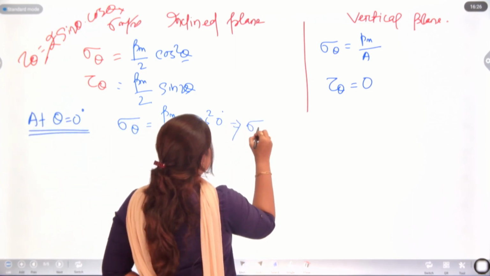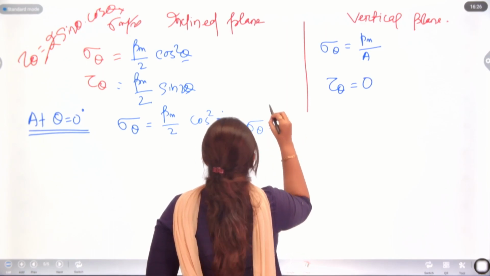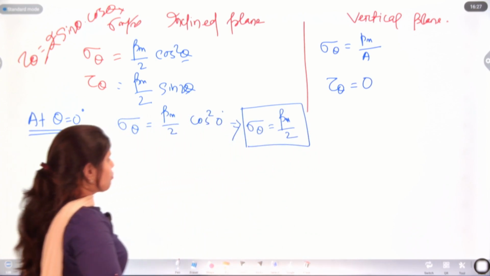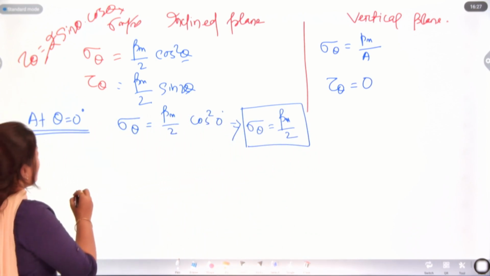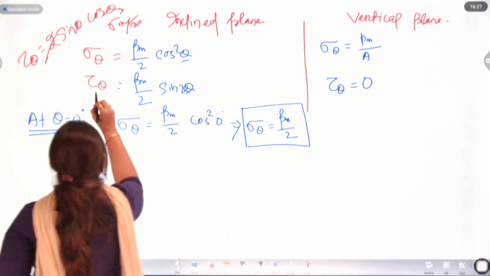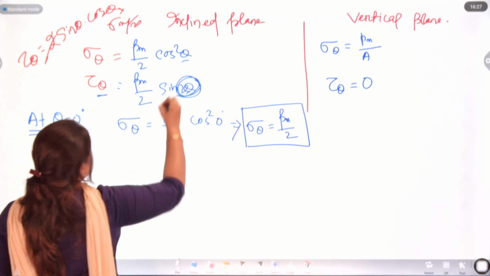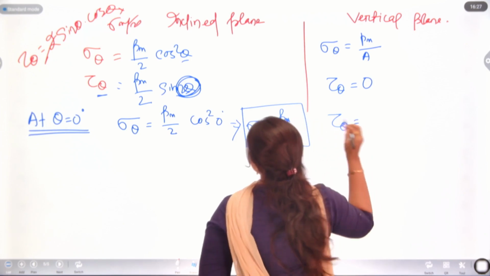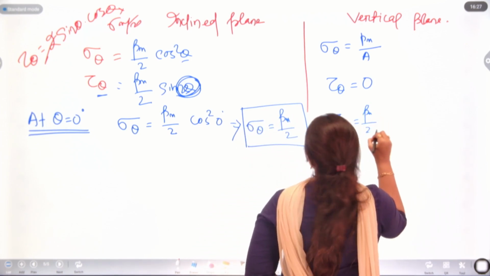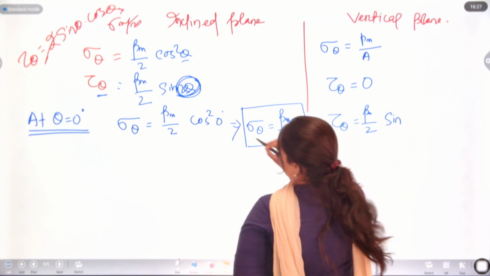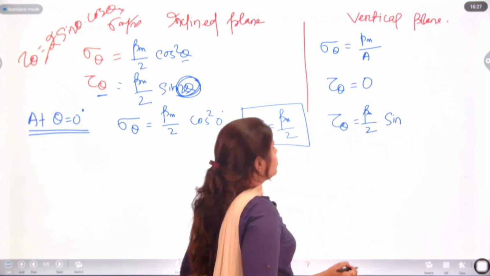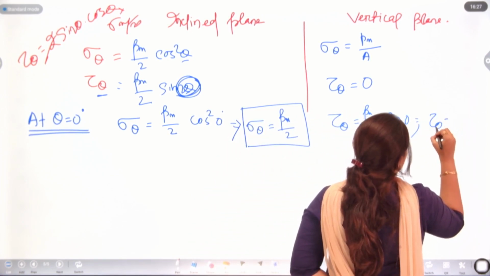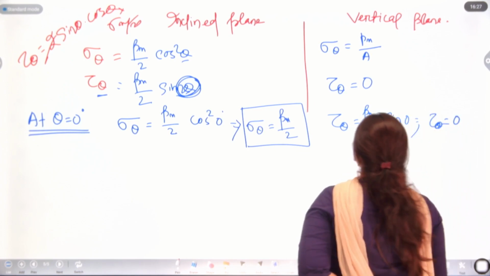So sigma theta will be Px by 2. And if we put 0 in sin 2 theta, our value will be tau theta equals Px by 2 into sin 0. We know that sin 0 is 0. So tau theta will be 0.